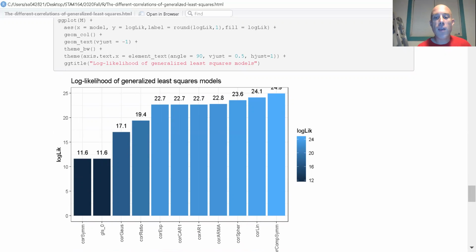All right, so we can see that for these two there's not much of a difference, but this one is the better model by this criterion. But all of these are pretty close. So if I needed to go with a simpler model, I would probably go with autoregression 1. But all of these are pretty tight competitors with each other.